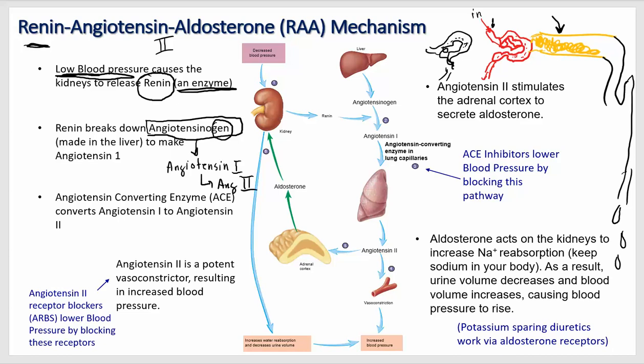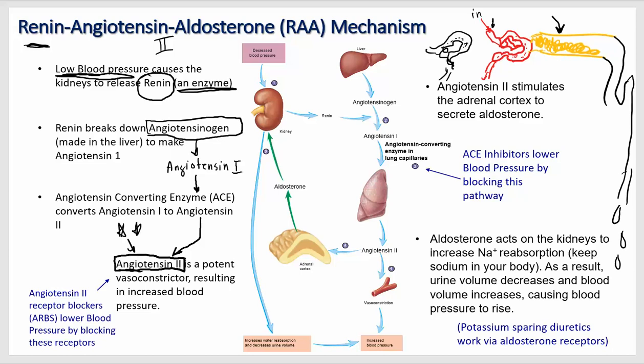So renin turns angiotensinogen into angiotensin 1, and then angiotensin converting enzyme, ACE, converts angiotensin 1 into angiotensin 2. Angiotensin 2 is the active form.